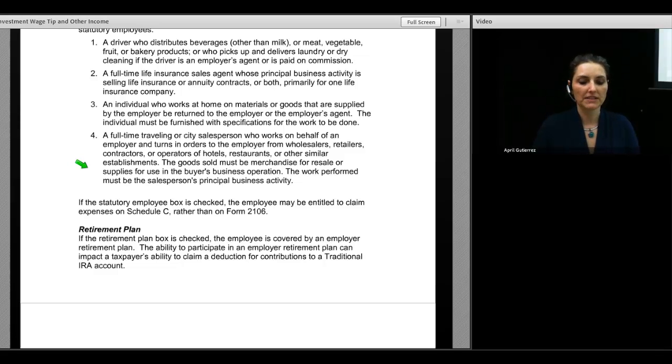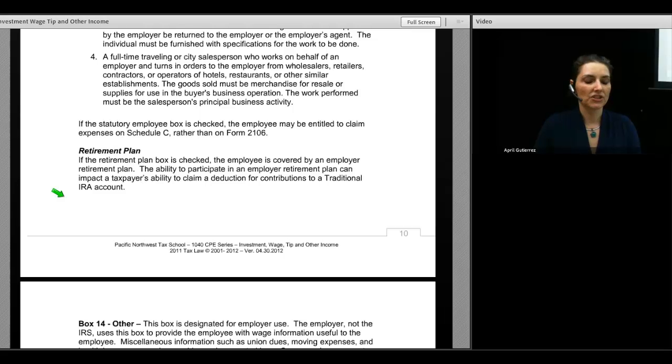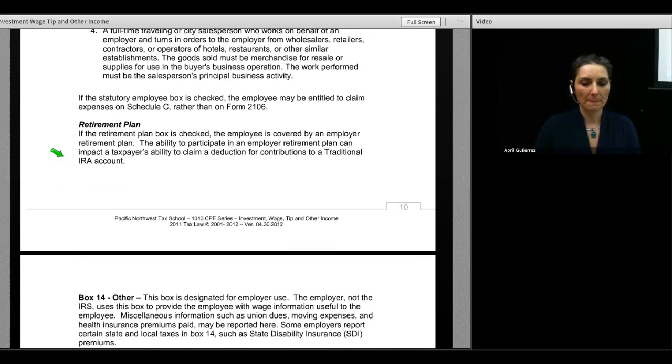And the benefits of being a statutory employee are that you can claim your expenses on Schedule C rather than 2106. So you enter your W-2 income on the Schedule C, you enter all of your expenses on Schedule C, you arrive at your net profit, which carries to line 7 and is entered as a wage amount on line 7. So it's a good deal, and if that box is checked, that's what you need to do.